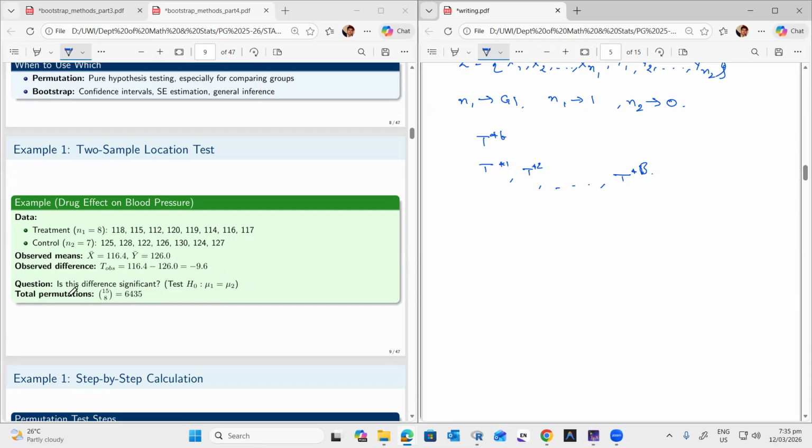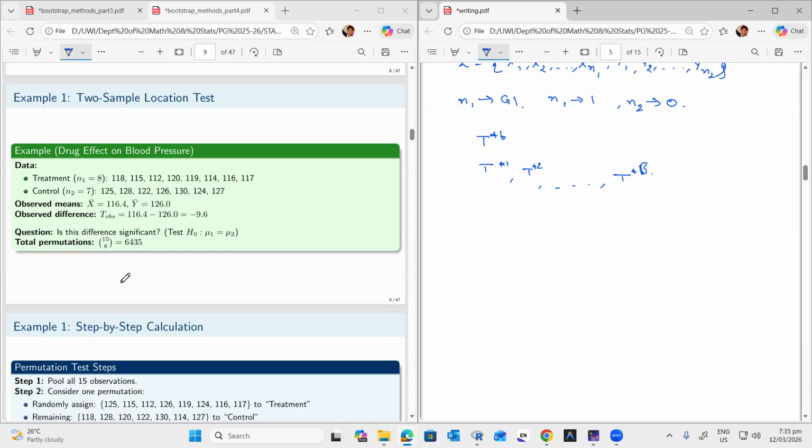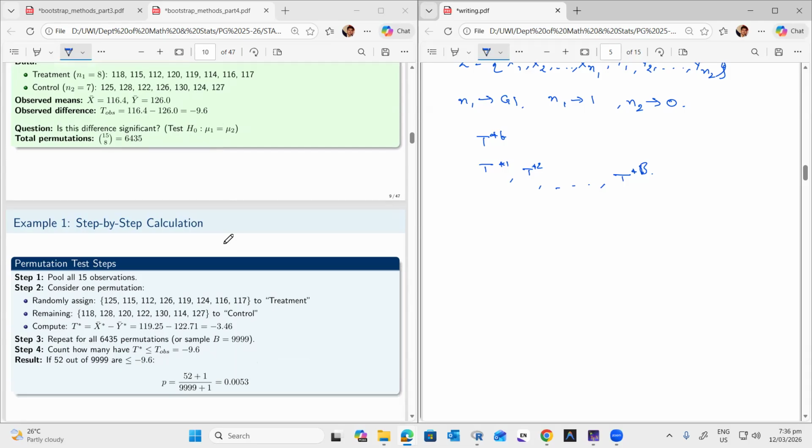The question is whether this difference is significant. The total number of permutations is 15 choose 8, that is 6435. These are the permutations that we are going to take.